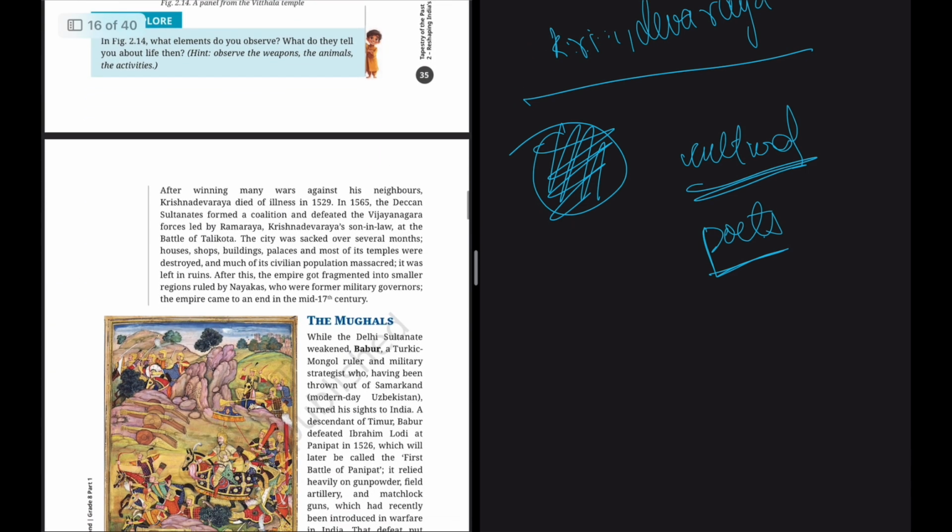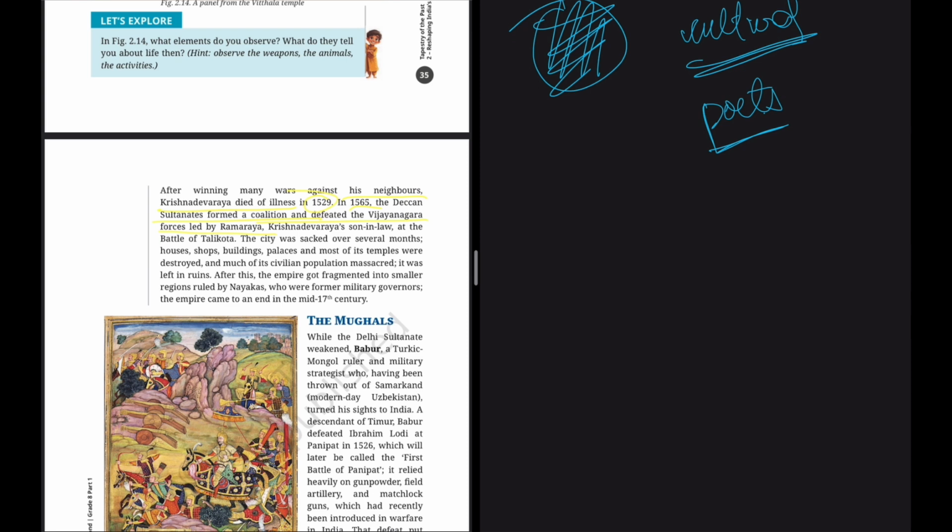After winning many wars against his neighbors, Krishna Deva Raya died of illness in the year 1529. And in 1565, the Deccan Sultanates formed a coalition and defeated the Vijayanagara forces led by Rama Raya.